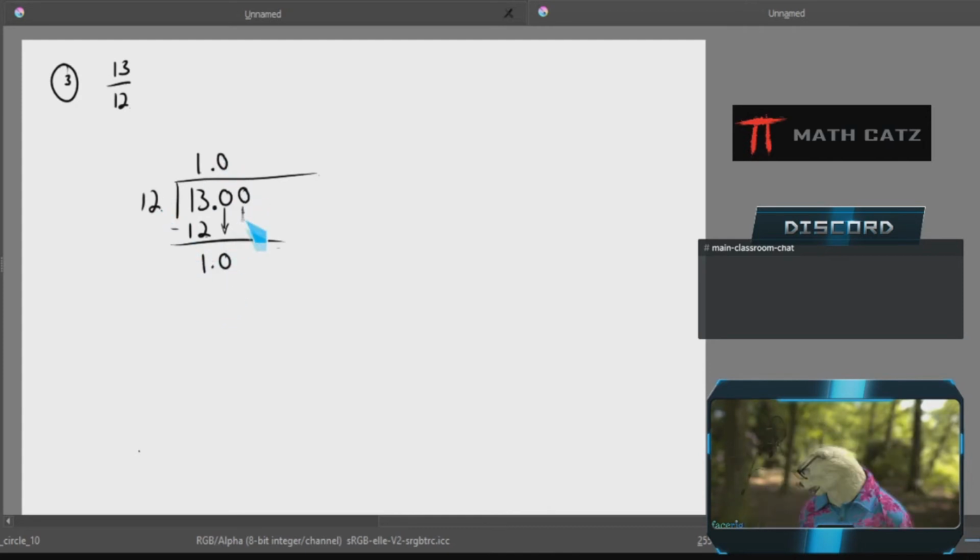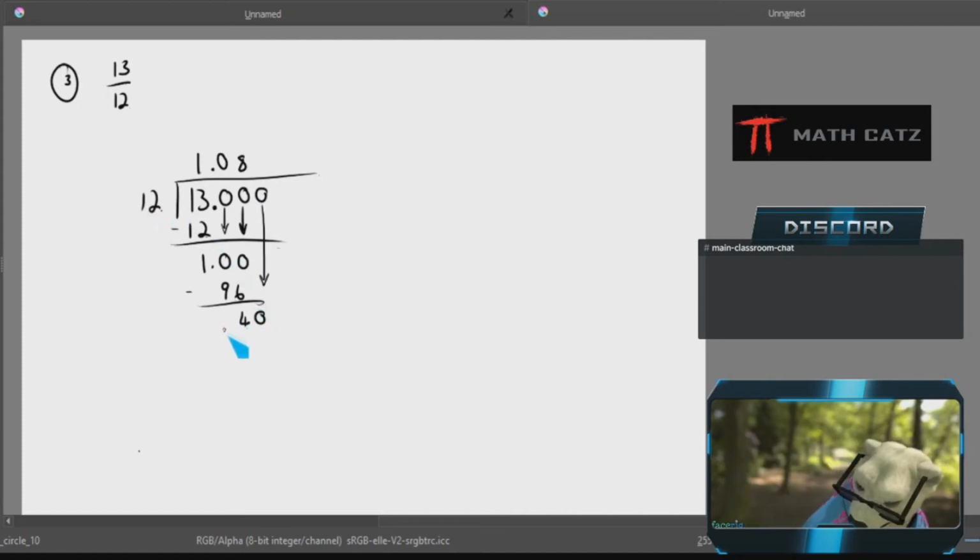Bring down another 0. Now I can look at it as 100. 12 goes into 100 8 times. 8 times 12 is 96. So then I have 4 left. It's not quite enough. Bring down another 0 for 40. 12 goes into 40. How many times? 3 times for 36.